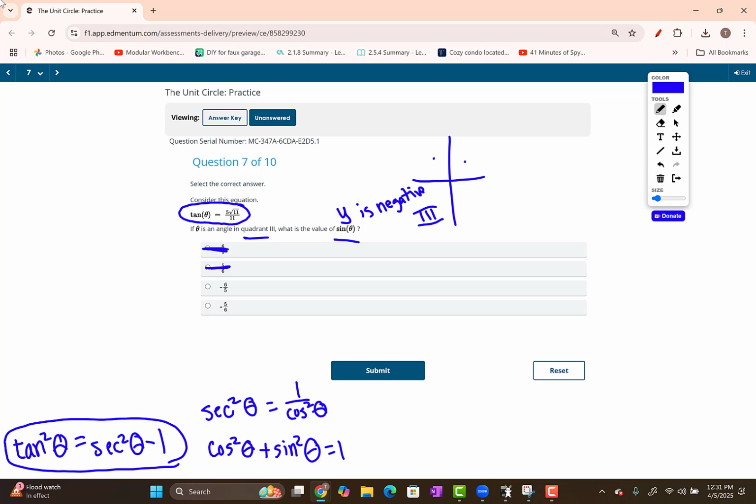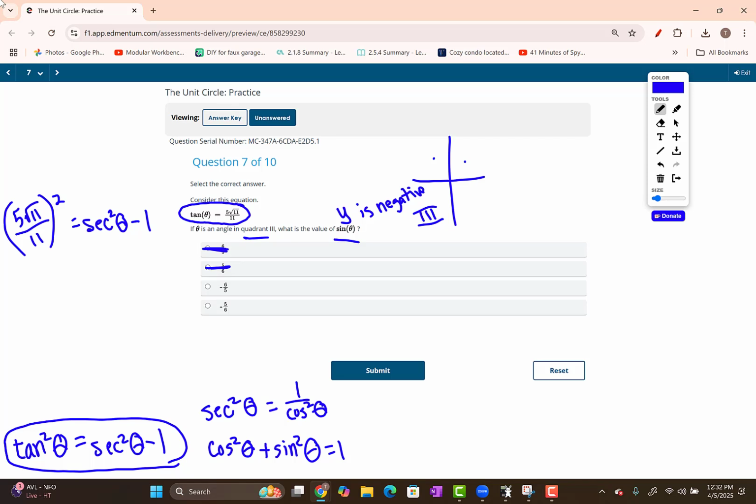All right, so let's use this formula, tangent squared theta. We're going to replace tangent with 5 square root of 11 over 11, and we're going to square it. It's going to equal secant squared of theta minus 1. And then let's solve this for secant squared.